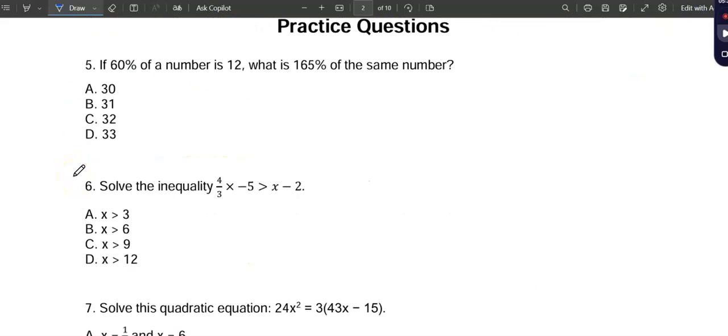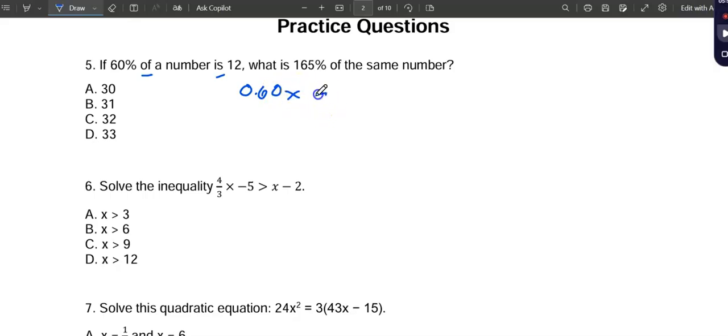Number 5, if 60% of a number is 12, what is 165% of the same number? Now, again, when there is of, multiplication. When there is is, equals. So, it says here, you have 0.60 of a number. We don't know what number that is, so we are just going to denote that one as x.